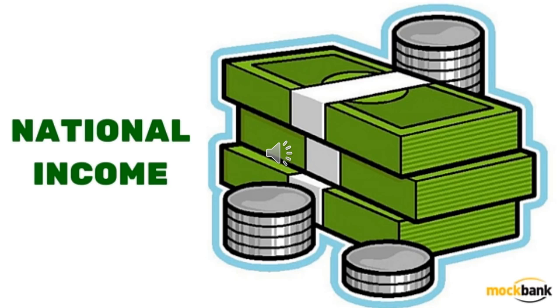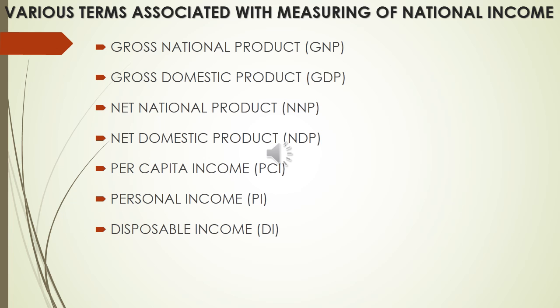National income is nothing but the measure of the total money value of goods and services produced by an economy over a period of time, normally a year. Commonly it is called gross national product or national dividend. How can you measure the national income?